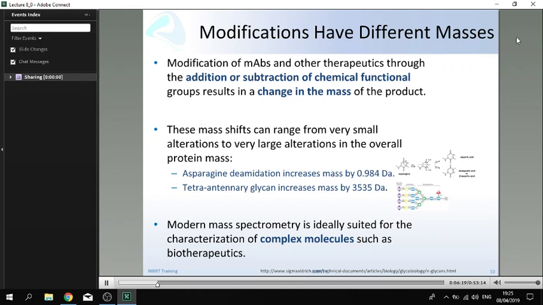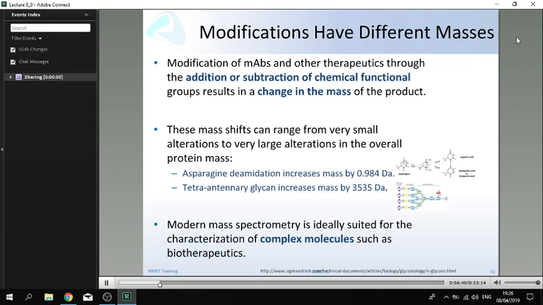So for example, if we have a protein, and in some of the molecules of our protein, we happen to have asparagine deamidation, that will increase mass by 0.984 Daltons. So we will actually be able to see this difference on our mass spec.